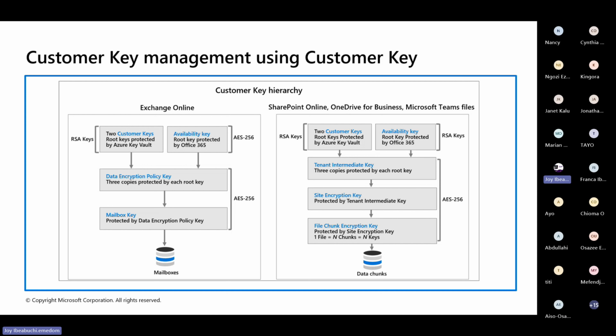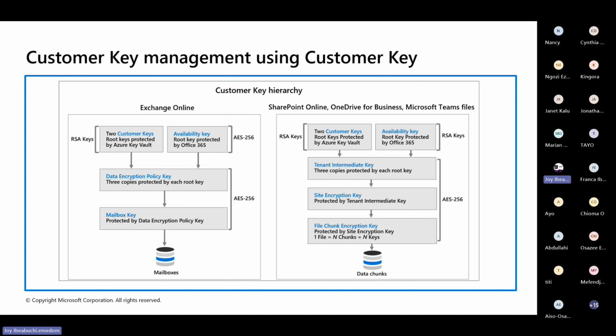Only us in the house, right? But it could be seen as a public place. If a stranger came to that location, they could have access, but because they are not in the conversation, they don't know that there's somewhere where that key is. Only we in the family know that that's where that key is, and that's how we exchange. When we go there and take the key, we can open the door and enter into the house. So that's the most simple way I can explain key management using customer key.